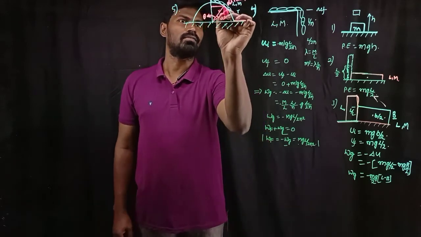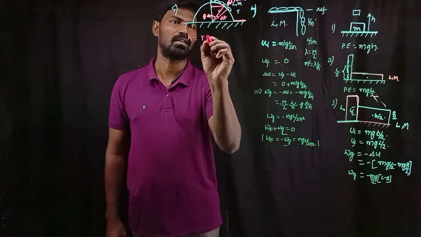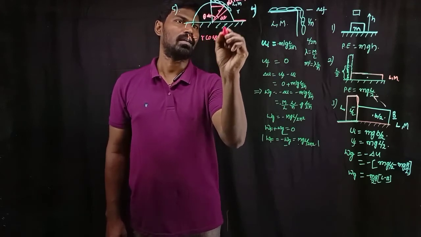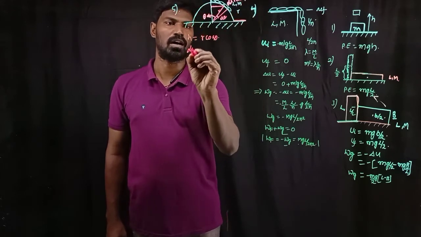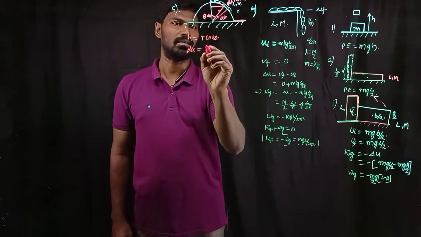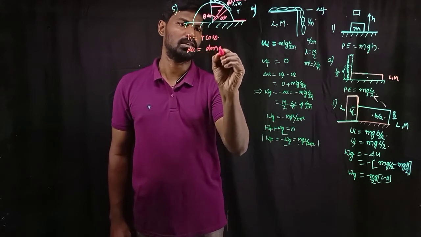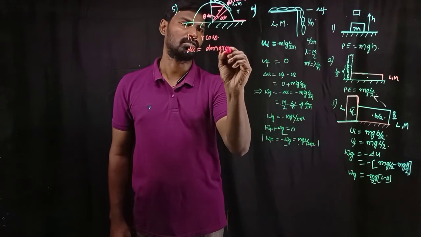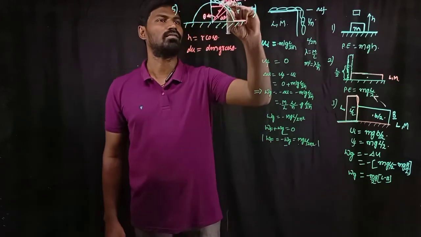So the height of this elemental strip is h equal to r cos theta with respect to this reference line. Therefore the potential energy dU of the element is dm into g into h, which is dm g r cos theta. This is how I calculated the potential energy of this element.